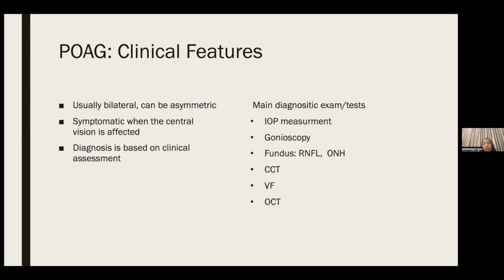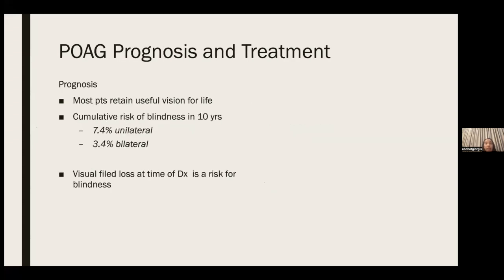The main diagnostic tests to detect this type of glaucoma include IOP measurement, gonioscopic evaluation, fundus assessment for the areas that we have discussed, measuring central corneal thickness, visual field, and OCT assessment, in addition to the routine detailed ocular examination.